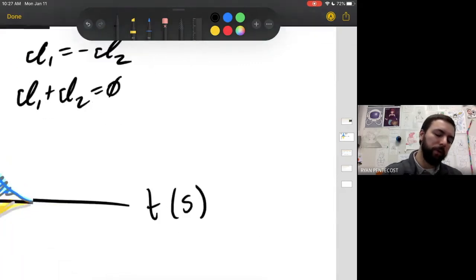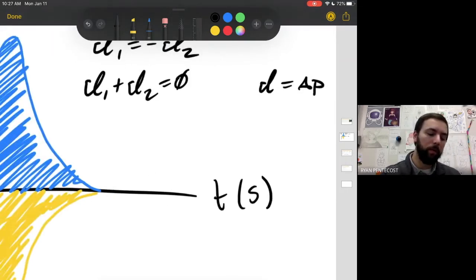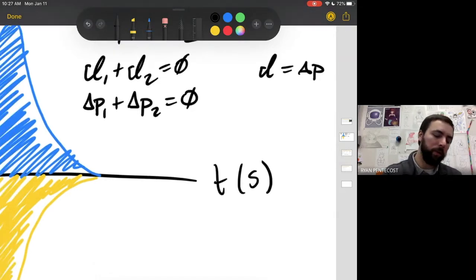We can also say that the impulse interaction can be defined as the change in momentum to an object or to a system. So instead of I1 and I2, we can say that it is delta P on object 1 plus delta P on object 2. That will also equal 0. Then we can split this up.